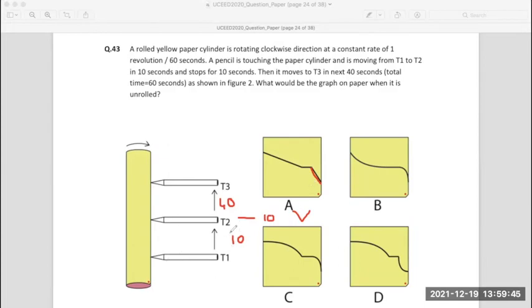Because there is less time between position T1 and T2, it will move at a steeper angle. For 10 seconds it stays there, which is this 10-second interval, and then for 40 seconds it moves on a very acute angle, which is at a lower speed, and that's why I chose option A here.